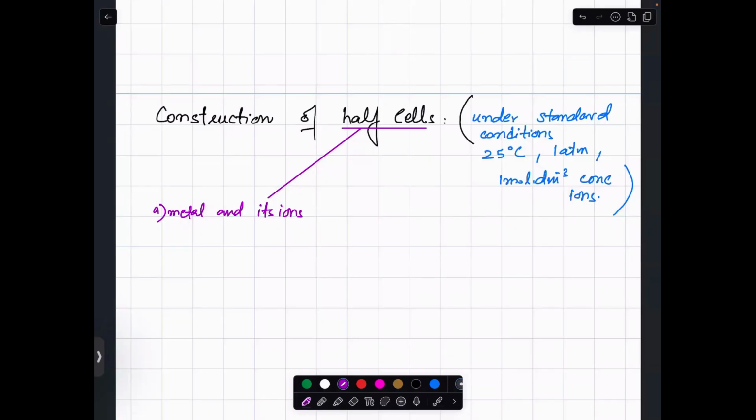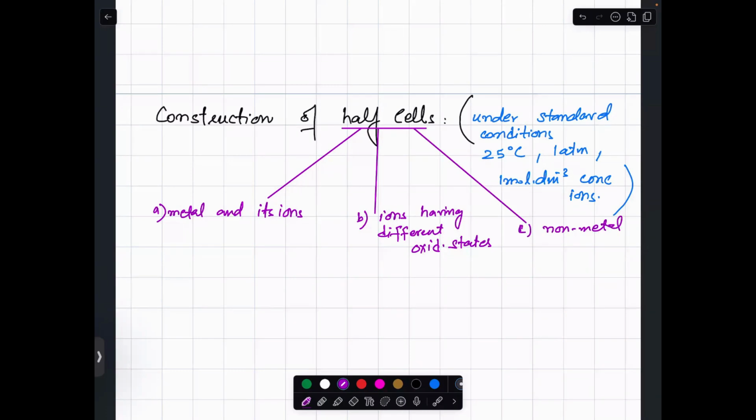Second, ions having different oxidation states. And third, non-metal and its ions.